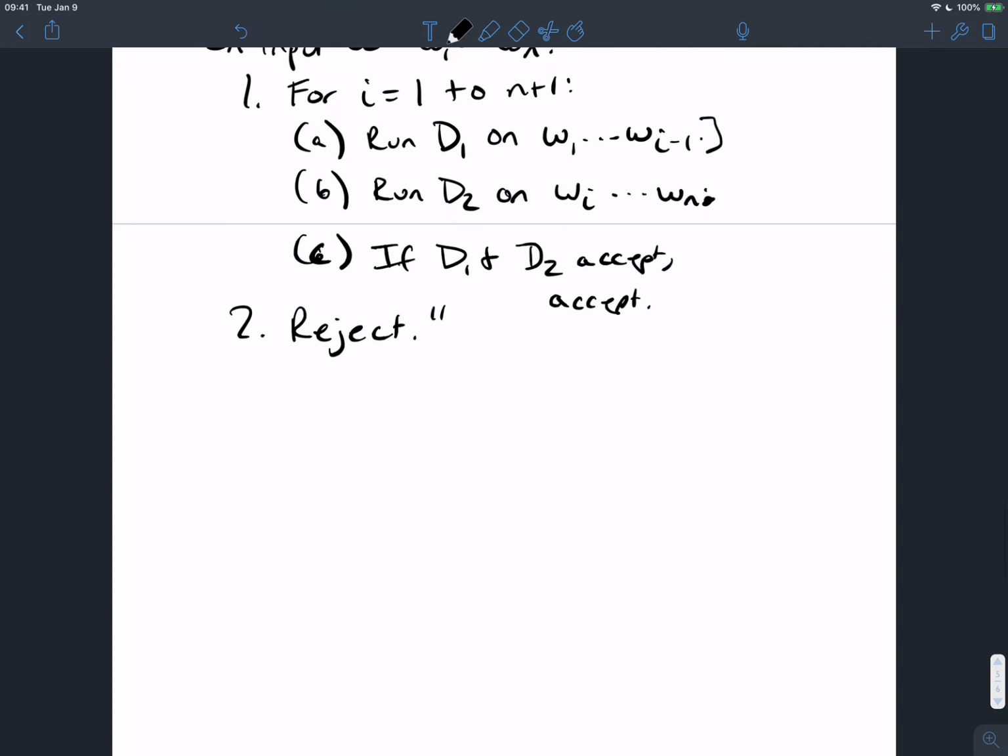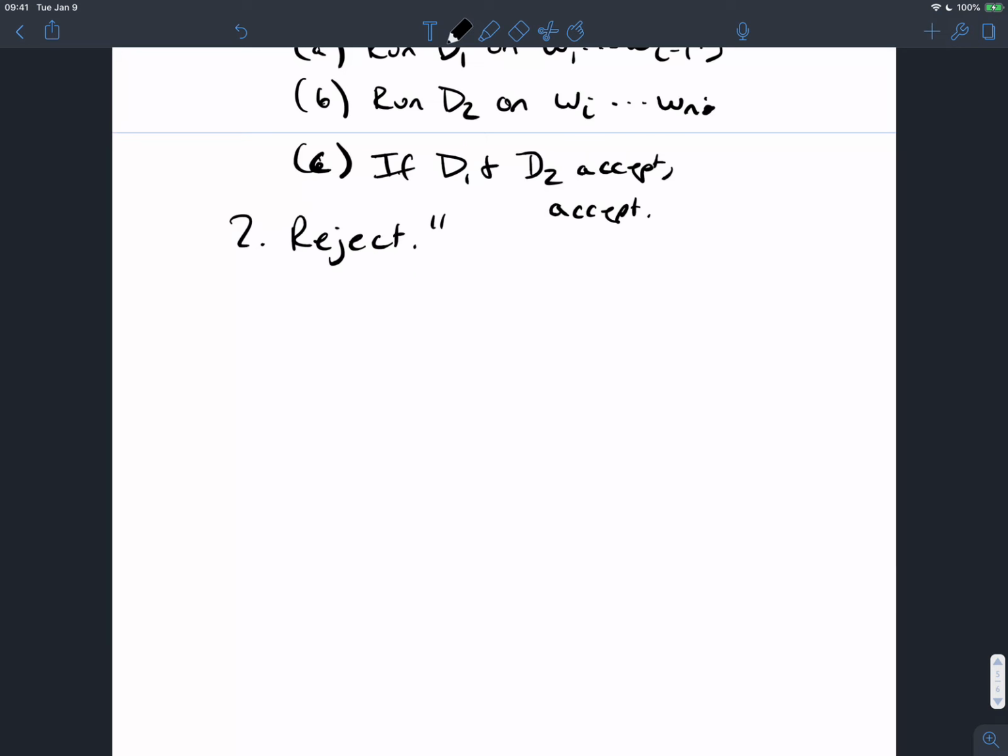Okay. Now for a fun one. So I'm given a single decider for L1. Let's say the decider is D1. So we only have one to work with here.